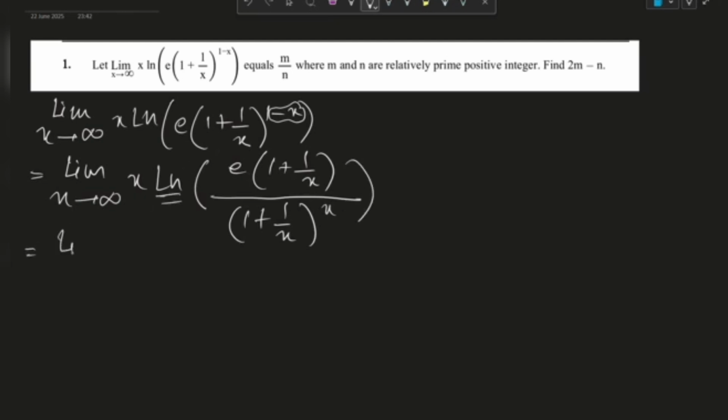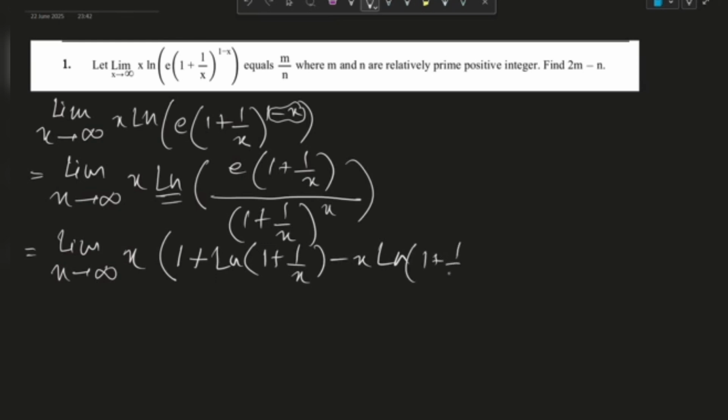So now I can write this as limit x tends to infinity x, and into this, if we actually break this, both of these are in product form and this thing is in the denominator, so it is in the quotient form. So first this will become ln e, which is 1, plus ln 1 plus 1 by x, and this is minus x ln 1 plus 1 by x, because this power came down.